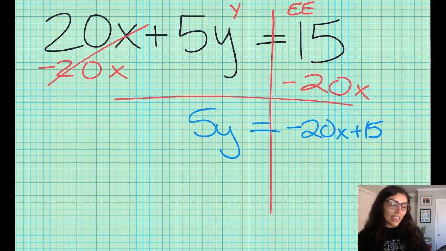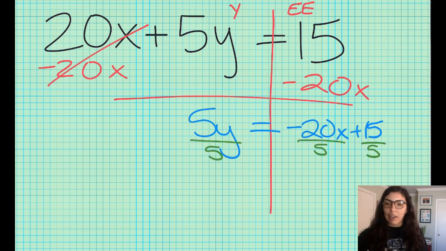Again, we want to isolate the y, so right now y is next to a 5. Two things smushed together are multiplied, so the opposite is dividing. I'm going to divide each and every piece of this equation, every term that's separated by a plus or minus sign, by 5. That way I have the y by itself.